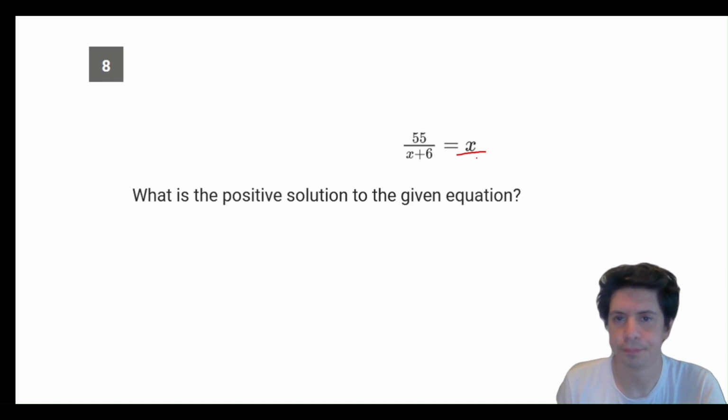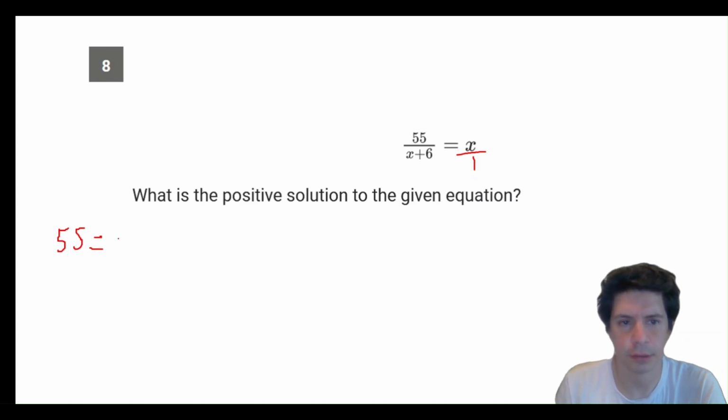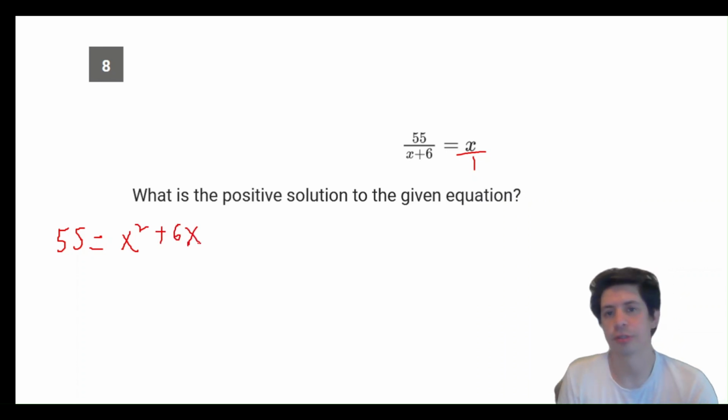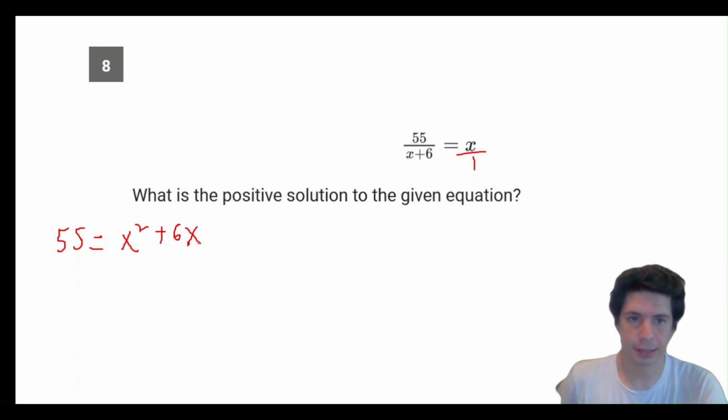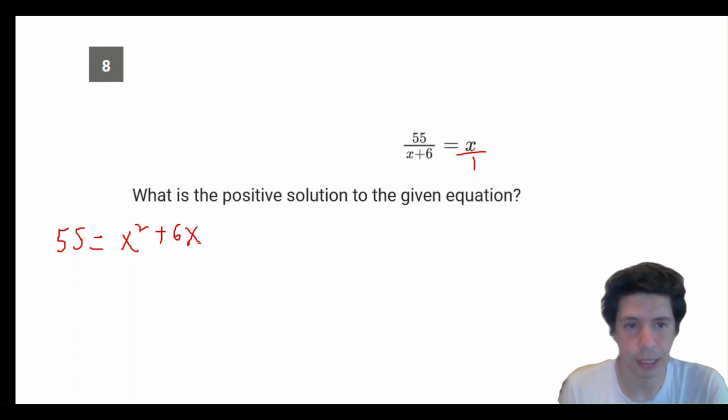over 1. And now let's work that out over here, right? So you're going to get 55, because 55 times 1 is 55, equals x squared plus 6x. You want to make sure to distribute the x on both the x and the 6, right? That's a common mistake people make. And then you're going to subtract the 55.